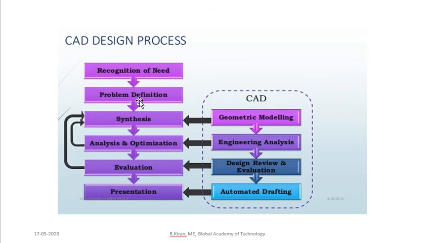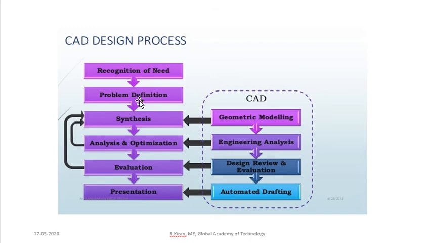So in analysis and optimization, we observe whether the given model created is able to sustain a particular load or not. That is what is evaluated in this phase. In the evaluation phase, any changes can be incorporated.